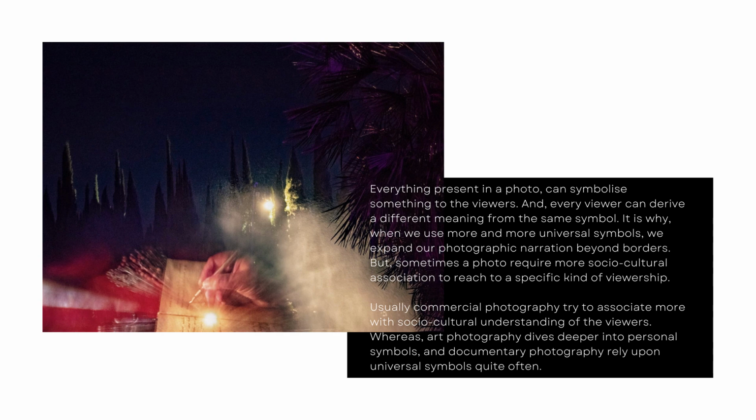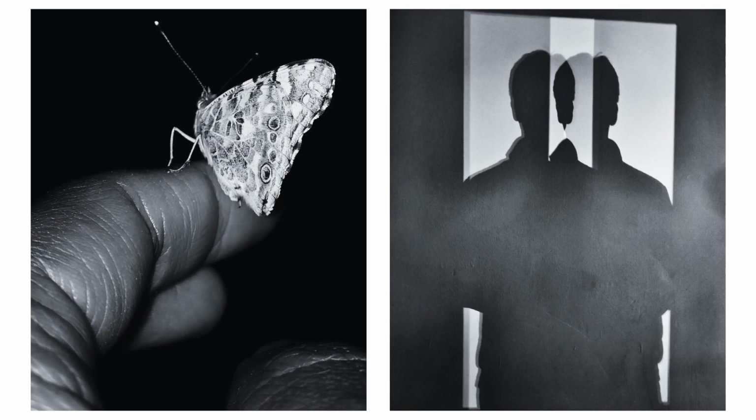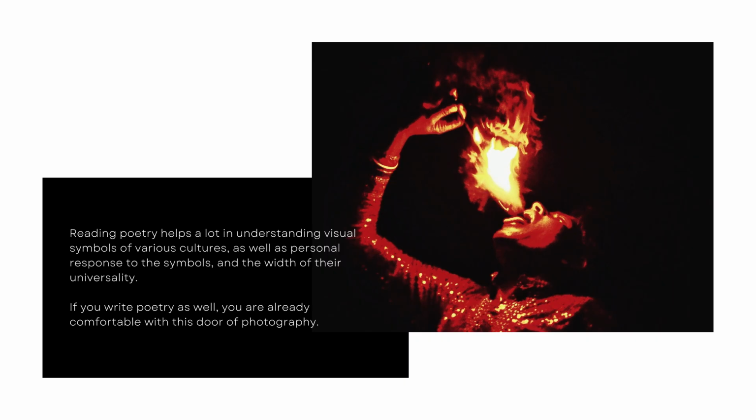You can have some more examples here where different symbols are being portrayed artistically in one way. Then if you read or write poetry, you are already familiar with symbology, because poetry relies so much upon not just visual symbols but also verbal symbols.